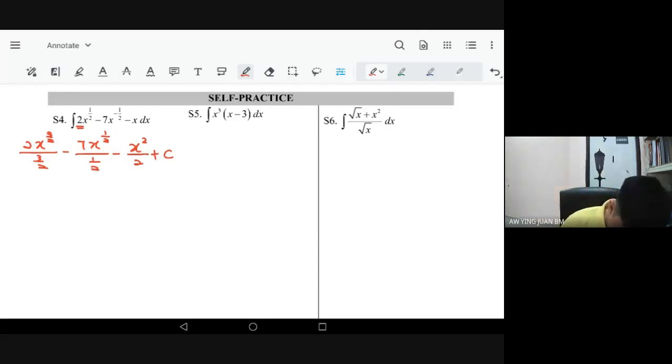So continue, saya dapat 4x 3 over 2 over 3 minus 14 x to the power 1 over 2 minus x square over 2 plus with the c. Jawapan you nak biar macam ni pun boleh. Kalau tak nak, you nak tulis begini pun okey.